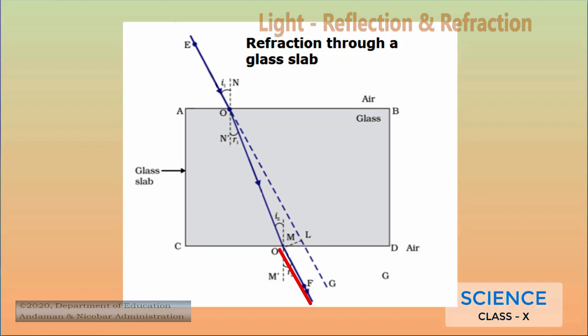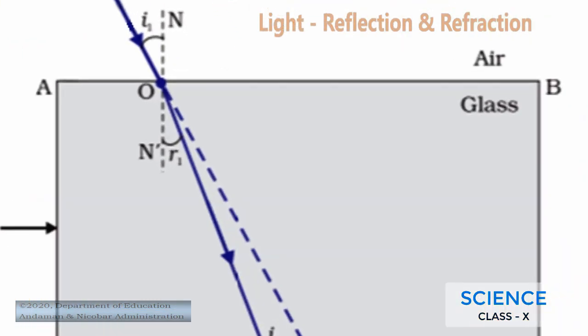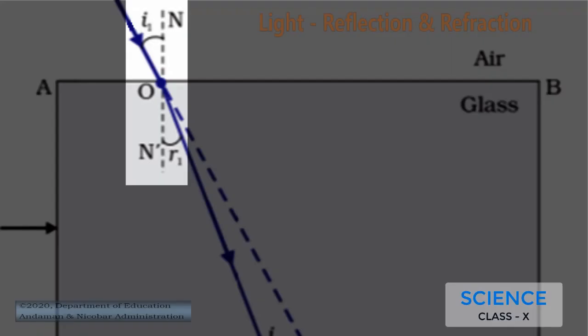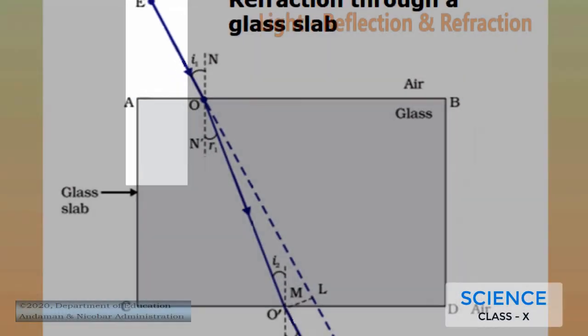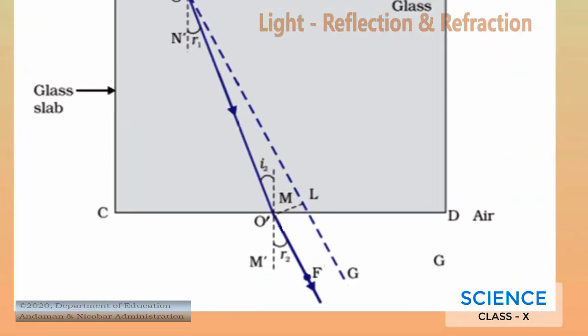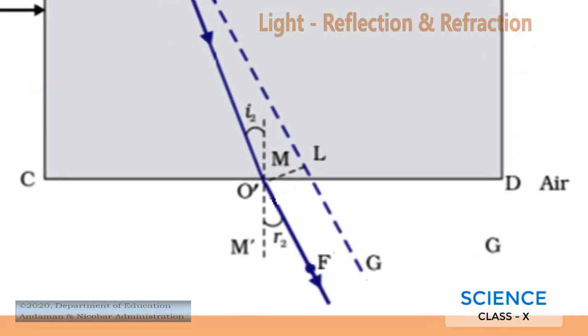Now we will learn how the refraction takes place. Children, when the incident ray E strikes on the surface of the glass slab at side AB at a point O, from the point O, we need to draw a normal. Similarly, when the refracted ray gets emerged from the surface of the glass slab at CD at point O dash, once again we need to draw a normal.